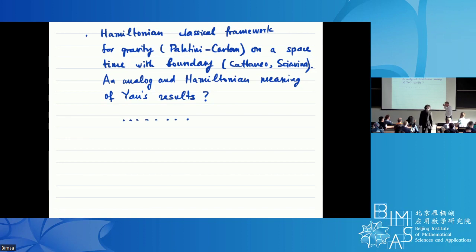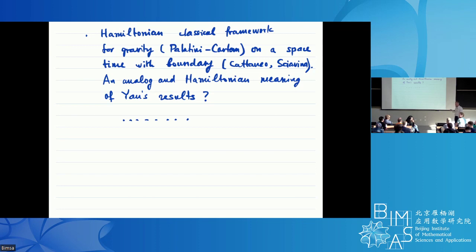So there's this old framework which we rediscovered, but then we correctly attributed it. I think that he was a teacher of Kijowski, Tulczyjew. Yes.